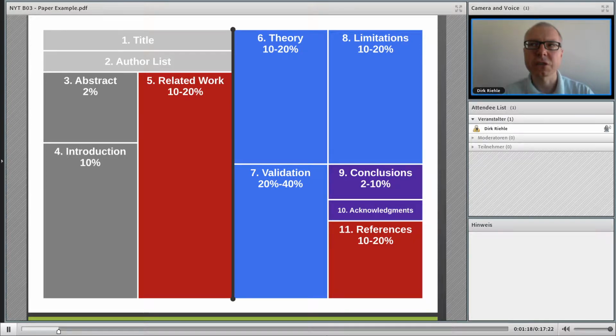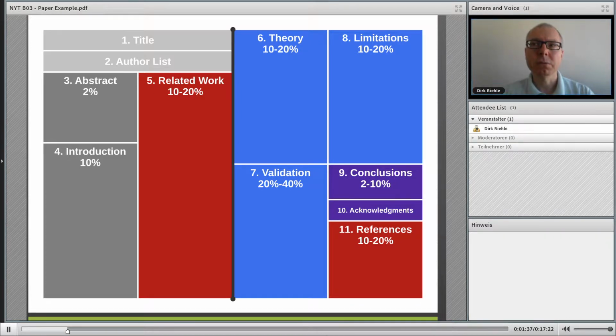You can see 11 sections. Not all of them are mandatory, and sometimes they vary by the title, but basically these parts need to be there, and they constitute a full-blown publishable research paper.